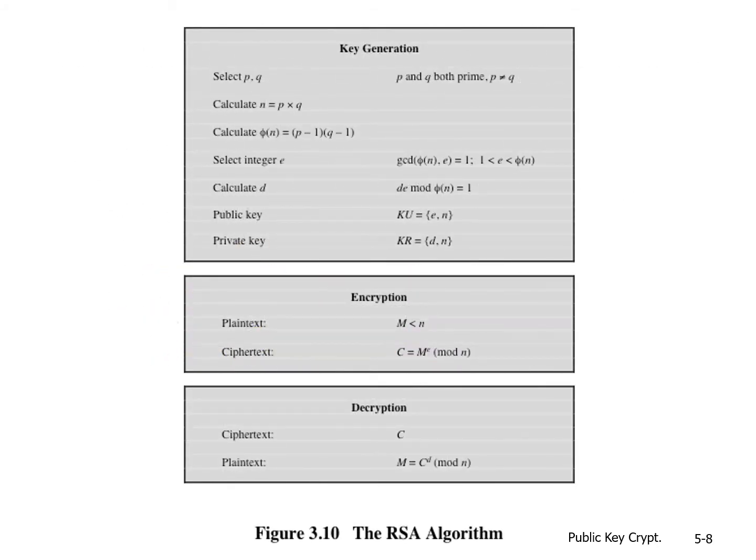Let's see first the RSA algorithm. RSA algorithm can be divided into three parts: key generation, encryption, decryption. Let's see how the RSA algorithm generates public key and private key.